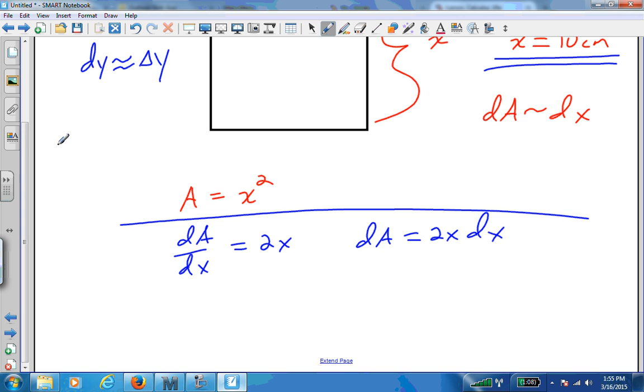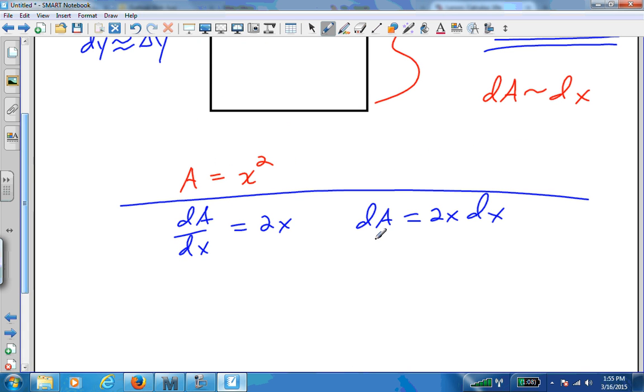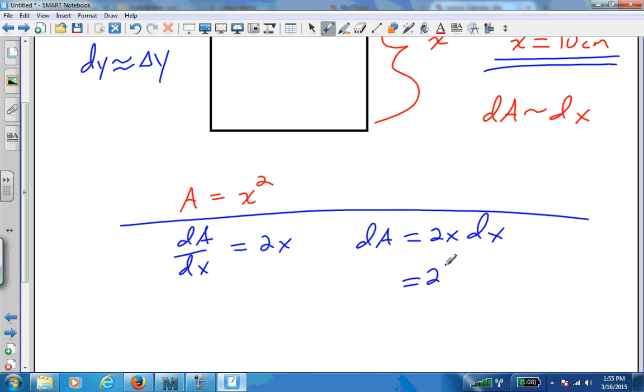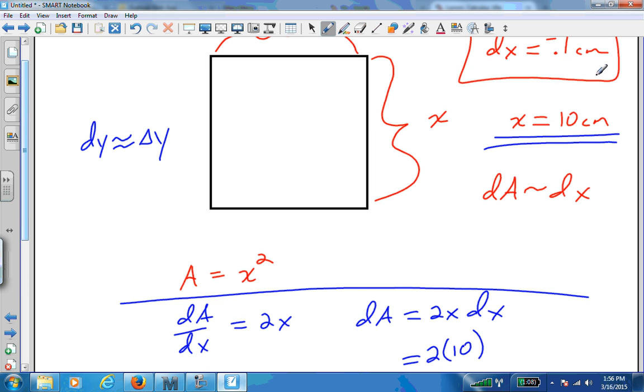But if we want to approximate the area, then this is going to be sufficient. So if I measure the side to be 10 centimeters, then the error in the area will be 2 times the measurement I get times my possible error.